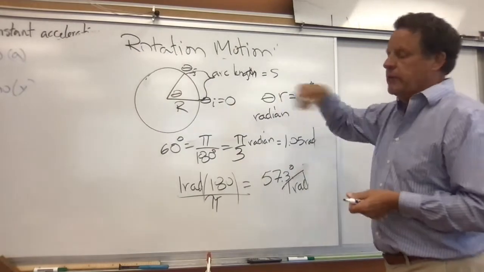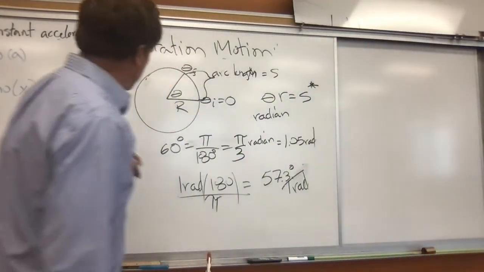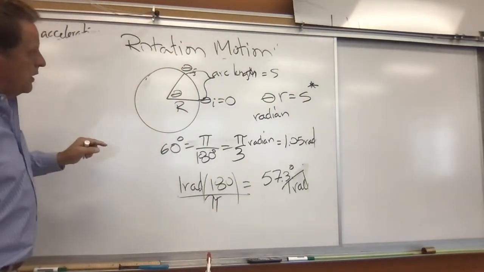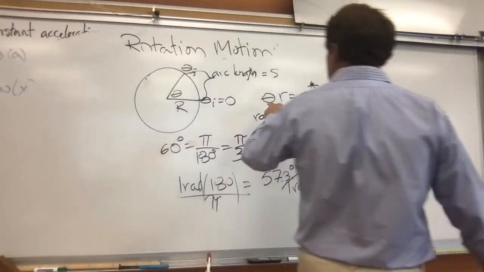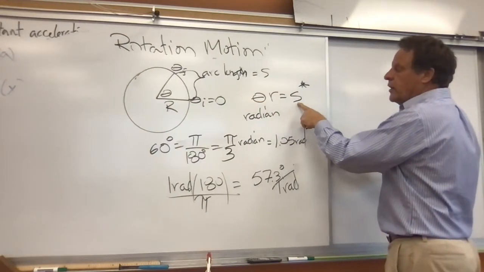But we also have this arc length. The formula is the angle times the radius gives us the arc length.